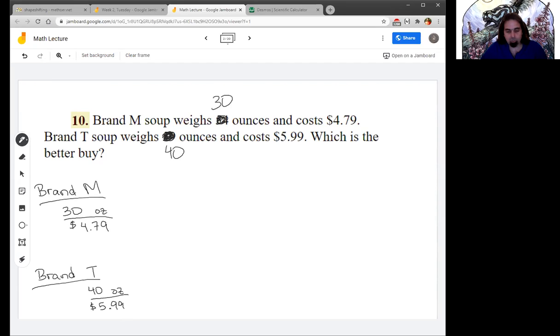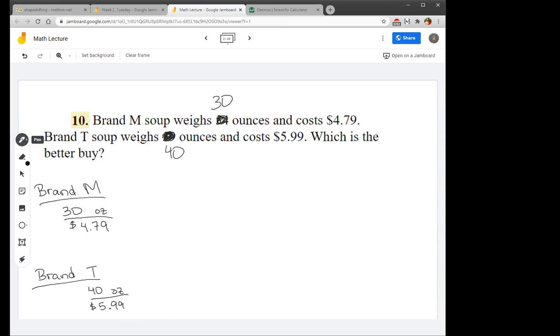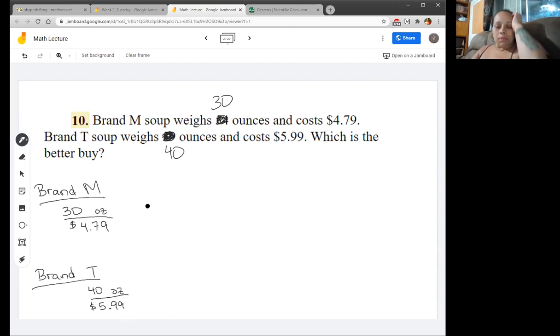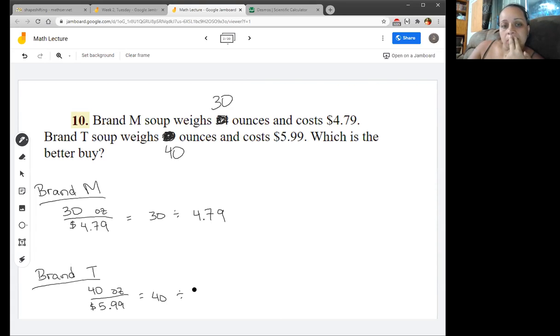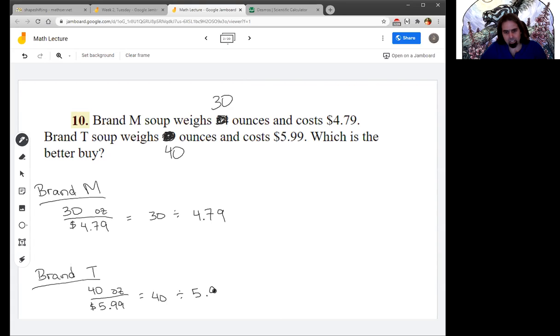Are we too close to the bottom? No, I could see it. Okay, holler if you can't. So top divided by bottom. Now on your homework, you probably are doing all of one and then doing all of the other. I'm doing them this way on purpose so you can see it's exactly the same steps.